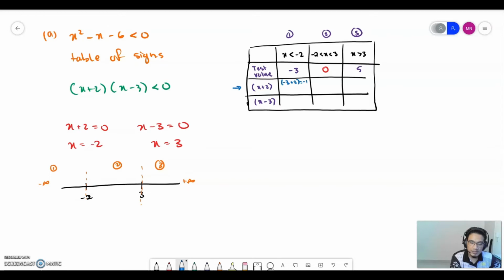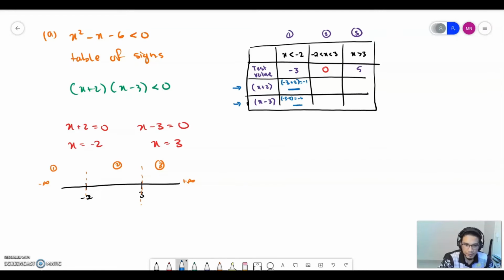So in the table, you just draw a negative sign because it is a negative number. Then for the second root, you substitute -3 into x - 3, so it becomes -3 - 3, which is -6. Also a negative sign. Just draw the negative sign.